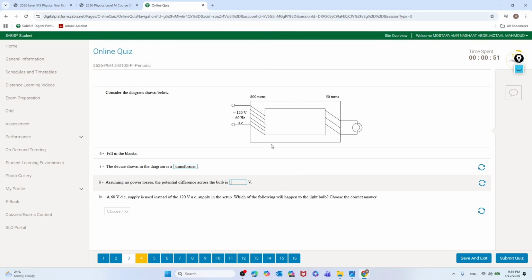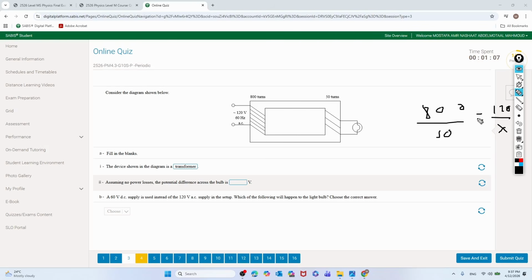Assuming no power loss, you just do the formula. So 800 over 50 equals 120 over x.